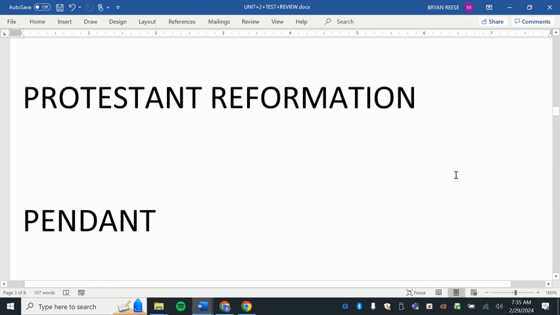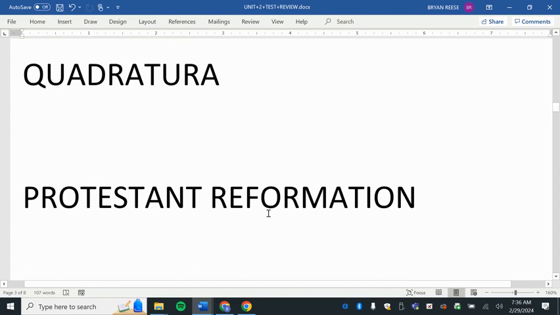I want you to know the effect of the Protestant Reformation on art history. The term quadratura is on the test. I discussed this when we were looking at the ceilings.